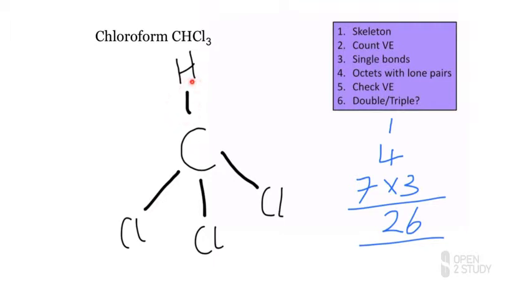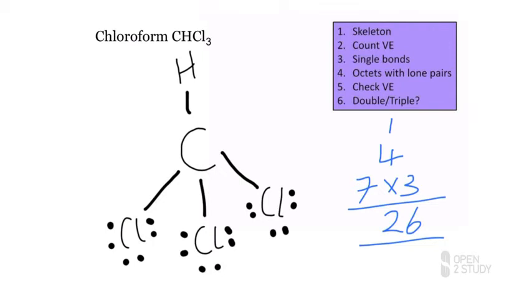Carbon can see 2, 4, 6, 8 valence electrons, so it's happy just the way it is. What about the 3 chlorines down the bottom? They're all in the same situation. They can all only see 1 bond. That's 2 valence electrons. So to each of those, we need to add 3 lone pairs of electrons, 6 extra electrons, so that they can all see their octet of electrons. They can all see 8.